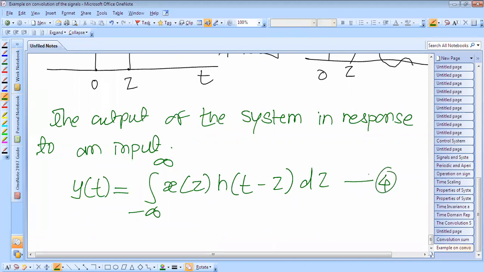This is equation number 4. And therefore the output y of t is given as the weighted superposition of the impulse response time shifted by tau. So this equation 4 is termed the convolution integral.